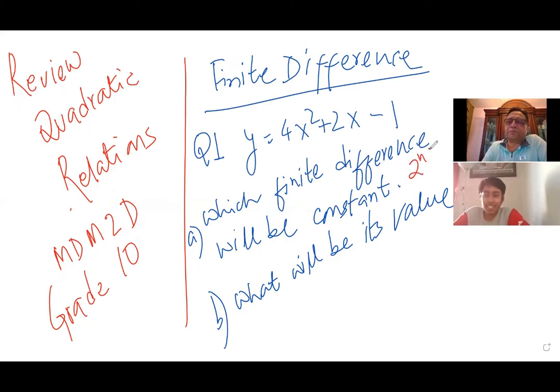Yes, that is perfectly fine. Second finite difference. Now tell me, for the given equation, y equals 4x squared plus 2x minus 1, what is going to be the value of the second finite difference?